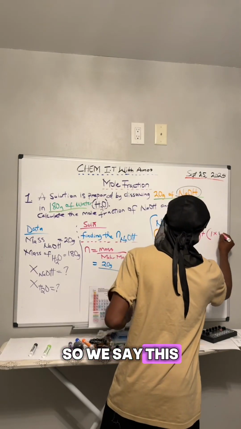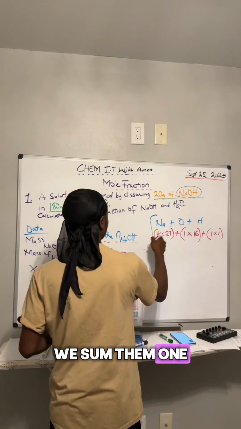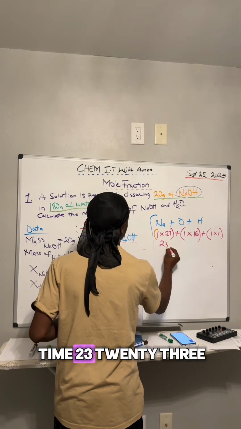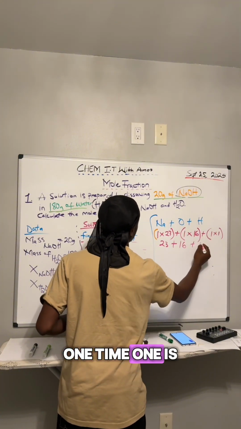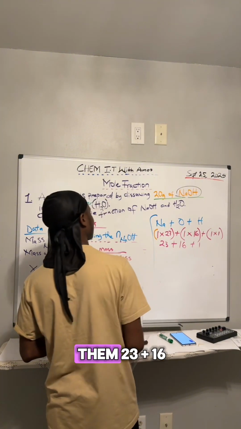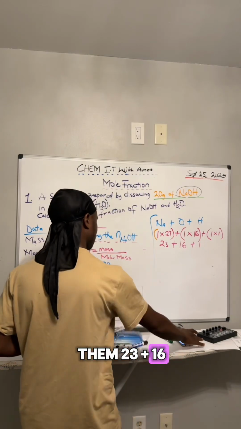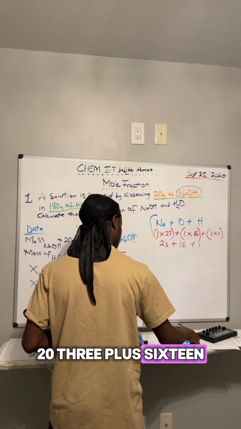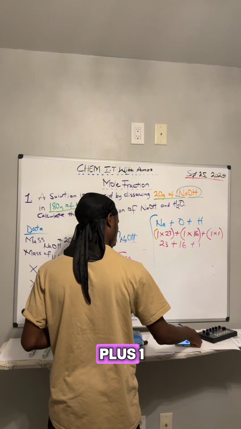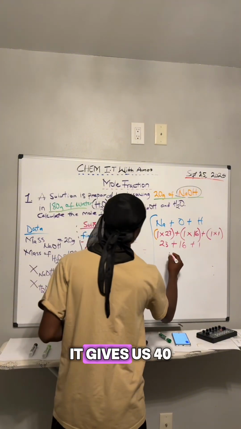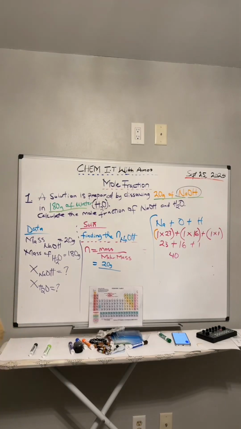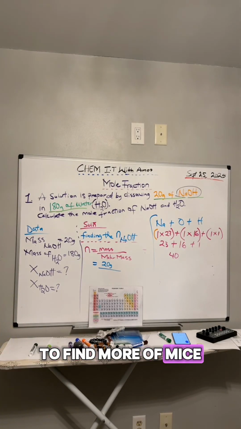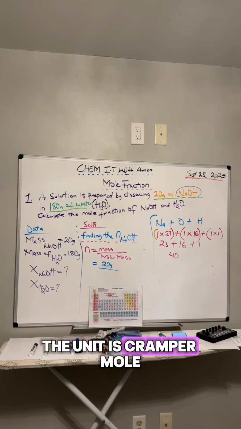So we sum them: 1 times 23, 23, plus 1 times 16, 16, plus 1 times 1, which is 1. So you add them: 23 plus 16 plus 1 gives us 40. And to find molar mass, the unit is gram per mole.